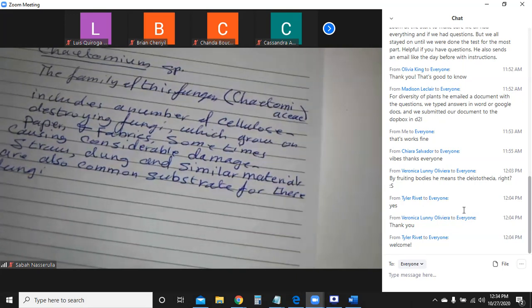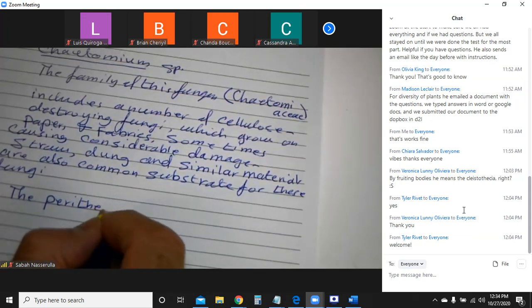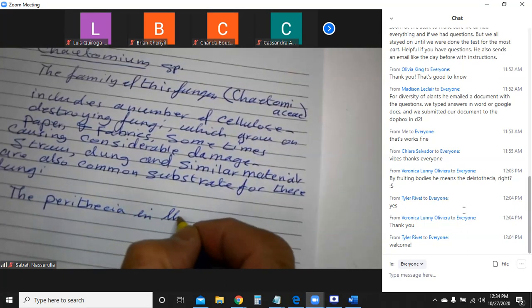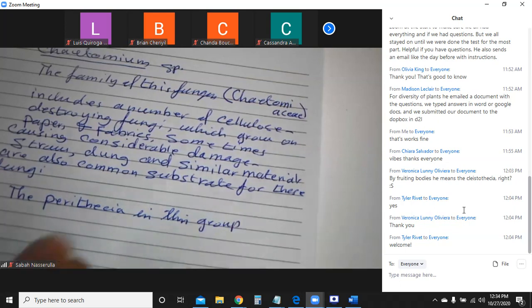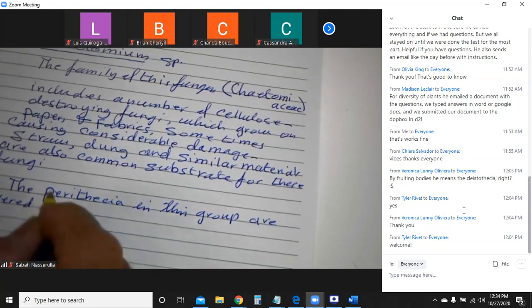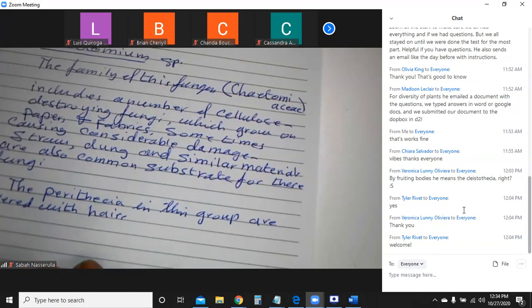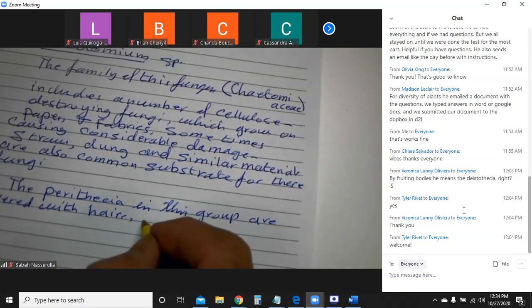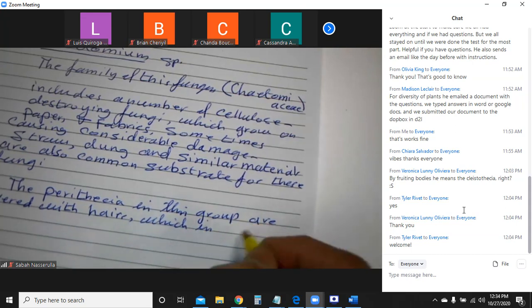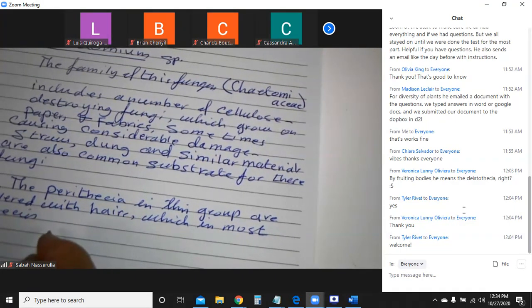The perithecia in this group are covered with hairs, and as I showed you, in most species they are long and curly.